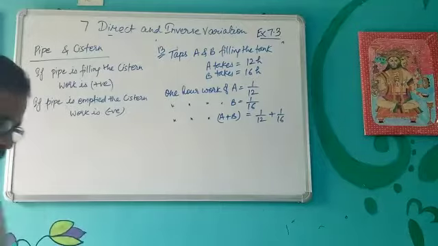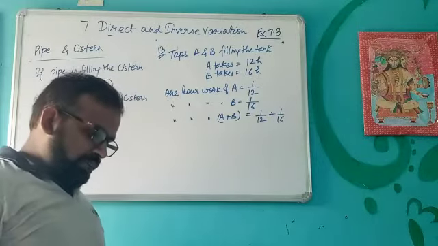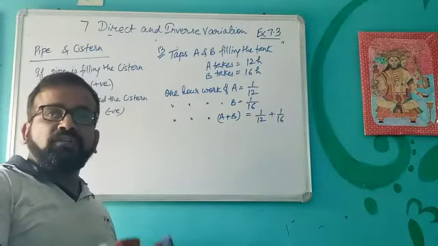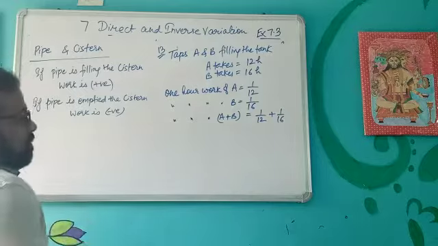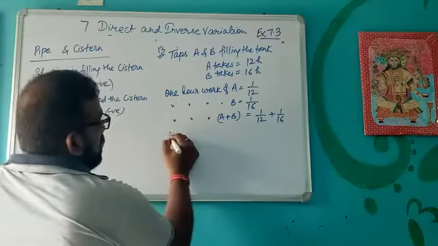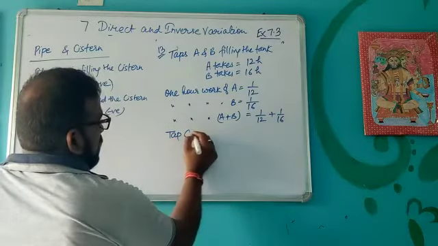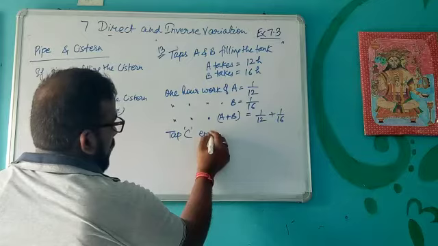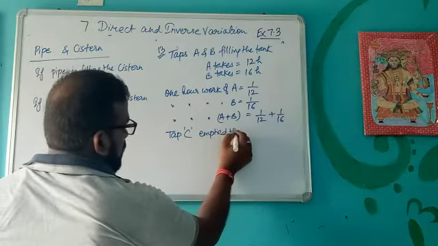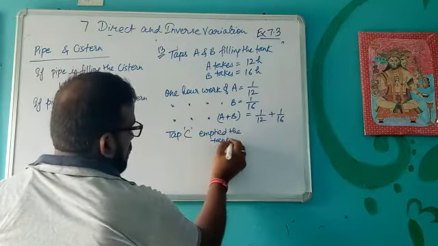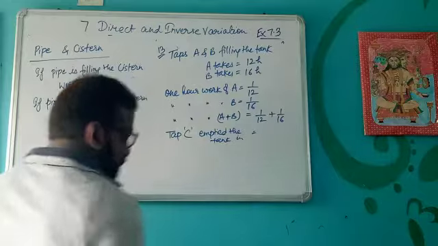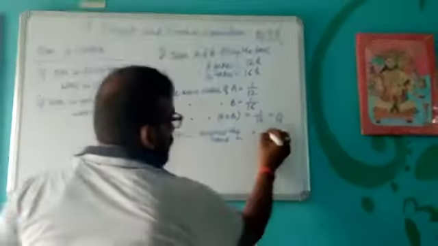Okay. Now there is one more tap which can empty the tank in 24 hours. So tap C empties the tank in 24 hours.